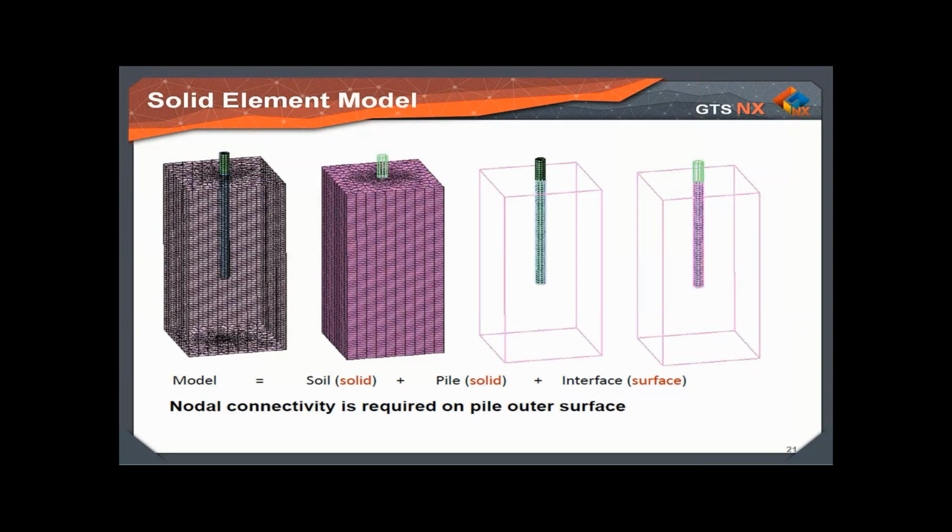That means you also have to think about refinement around the pile to capture the stress equalization that may happen if you have some failure. So if we have a large model with a large number of piles, that becomes a huge model computationally, and takes a lot of time, even with the hardware development nowadays.